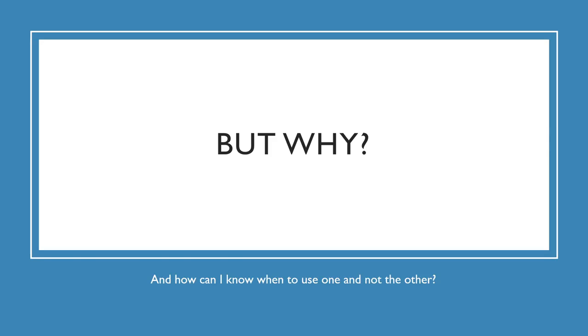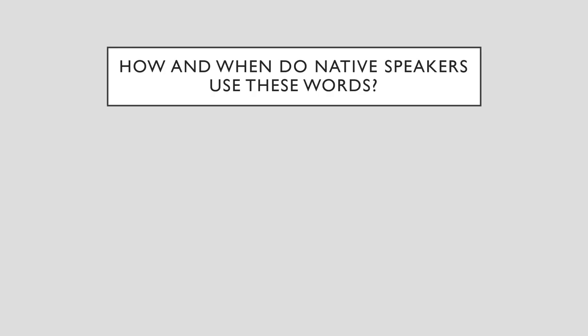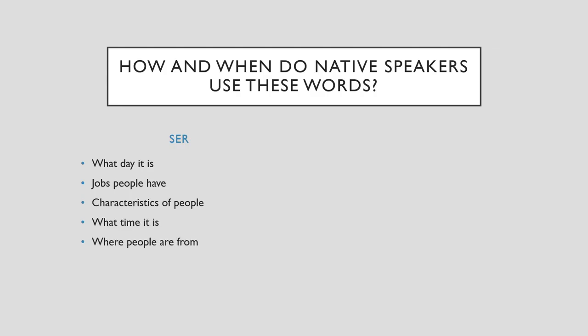Well, to answer these questions, we need to look at how and when native speakers use these words. Let's start by looking at ser. Native speakers use ser to talk about what day it is, what kind of jobs people have, the characteristics of people, what time it is, where people are from, and they use it to describe relationships between two things or two people.